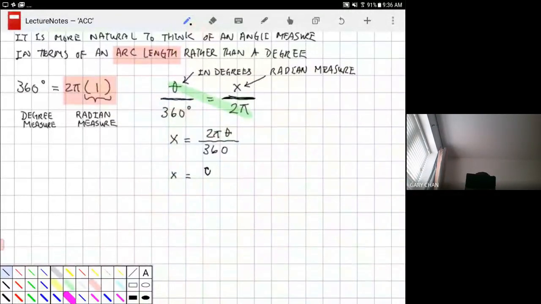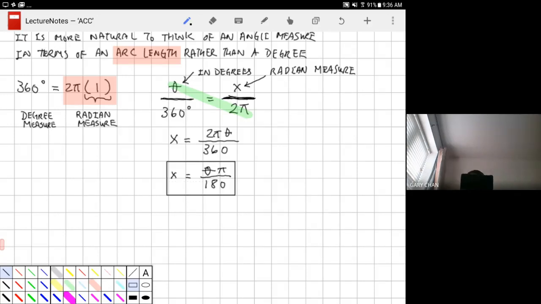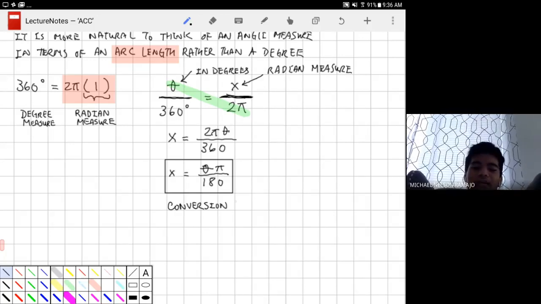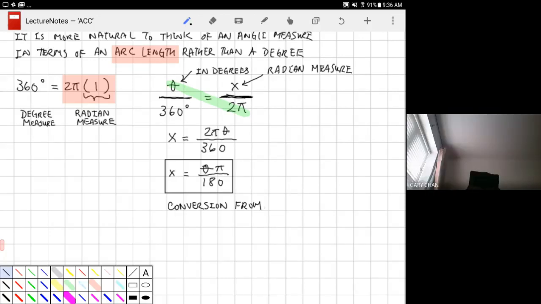So I'm left with, rearranging a little bit, theta pi over 180. This is the conversion, one more time, going from degrees into radians. So it's kind of like a conversion formula.